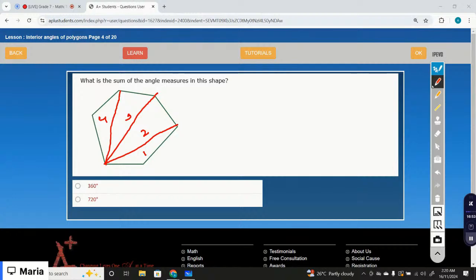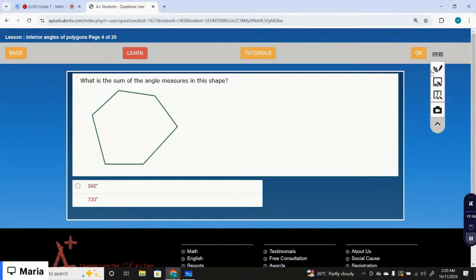So 180 times 4 is... The correct option is 720 degrees. Option number 2 is the correct option.